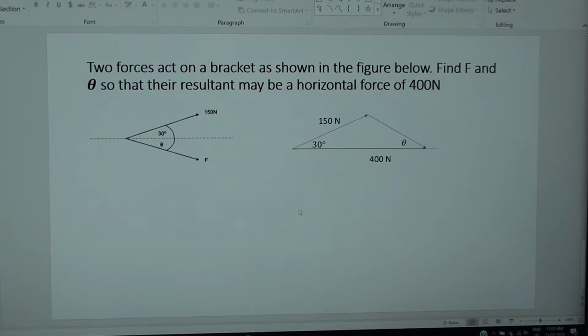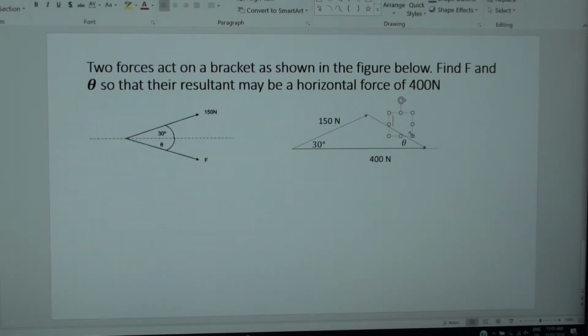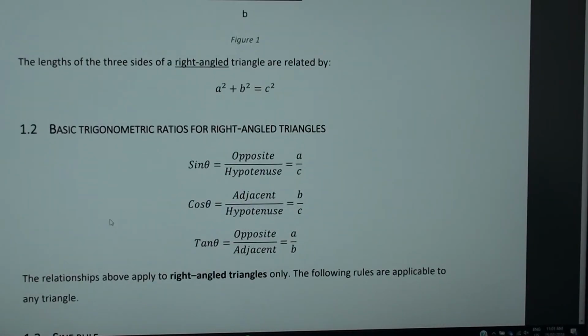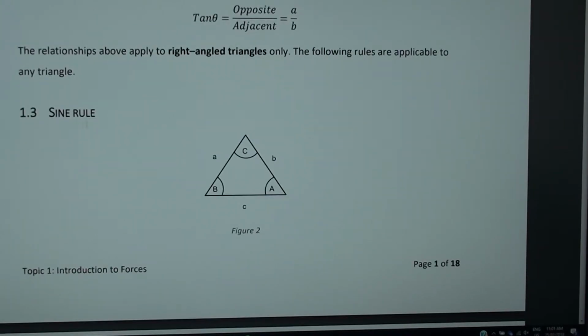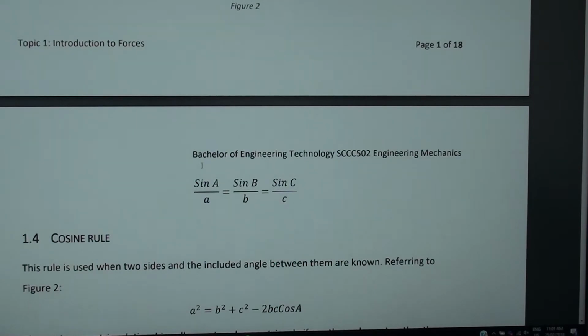From mathematics, you need to be aware of how you transfer from the free sketch which we got here to a triangle, so we can solve it using the sine and cosine rules. Now again, if you go to your lecture notes, you will definitely be focusing on understanding the sine rule, which we were working on, and as well we'll introduce the cosine rule.